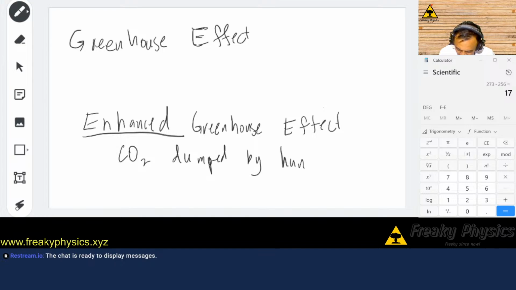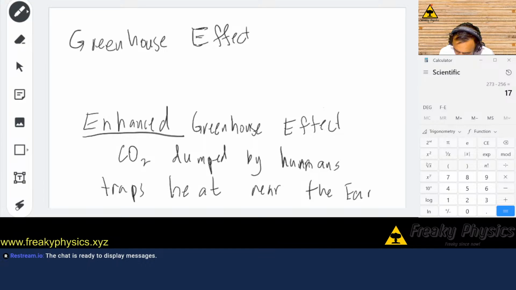So I'm just going to rephrase what you said. Tell me if I'm right or wrong. CO2 dumped by humans traps heat that would otherwise escape, near the Earth, right? Is this correct? More or less. Okay. Now the key fact here is that this is the enhanced greenhouse effect.